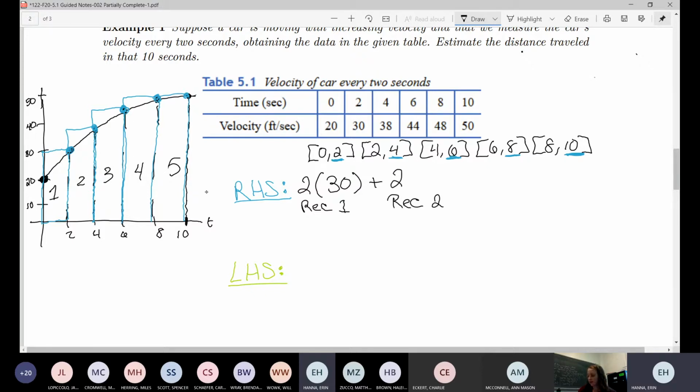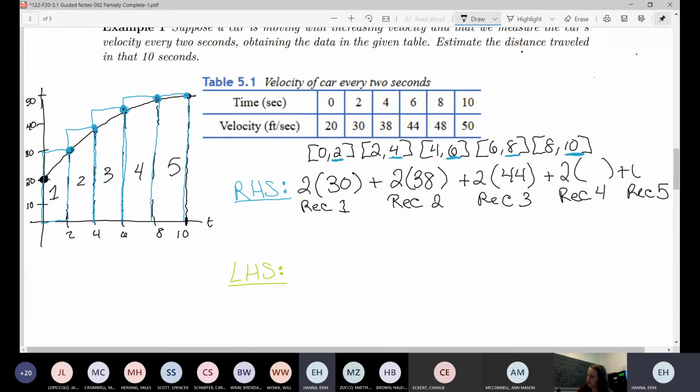And then our second rectangle has a width of 2. Since it's between 2 and 4, the y value we're going to use is at 4, so that'll be 38. The third rectangle has a width of 2, and since it's from 4 to 6, we're going to use the y value at 6, so 44. Then we'll need the fourth and fifth rectangles. Those both still have a width of 2.